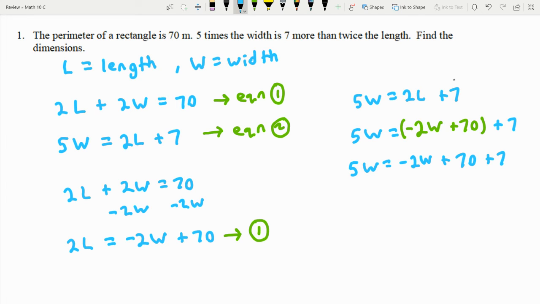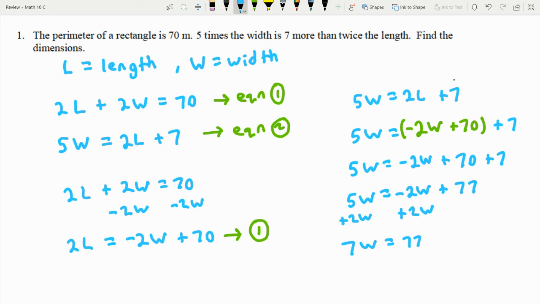Here I can add my like terms, so I have 5w equals negative 2w, and 70 plus 7 is 77, so plus 77. And now I would add my negative 2w over to my left-hand side, so I have w all on one side. So I would go plus 2w and plus 2w. Now I have 7w equals 77.